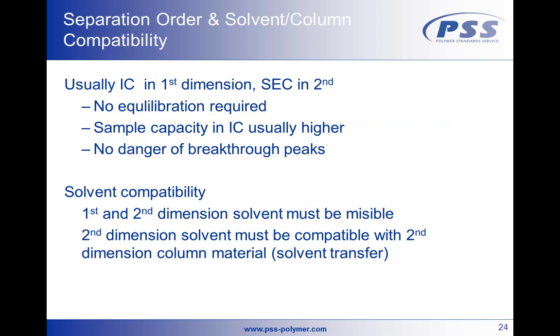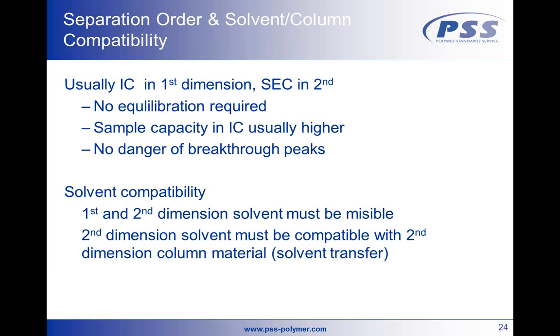Separation order and solvent consumption. Well, usually, as I explained, we use interaction chromatography in the first dimension, so some kind of gradient chromatography, critical chromatography, liquid distortion chromatography in the first, and size exclusion chromatography in the second dimension. Why? Well, if you use gradient chromatography in the first dimension, you usually have to equilibrate your system, and that takes some time.